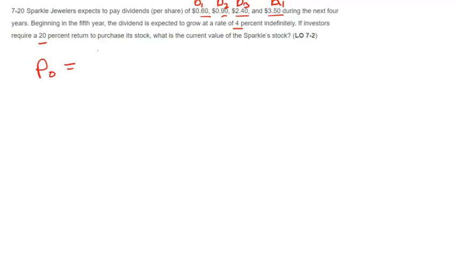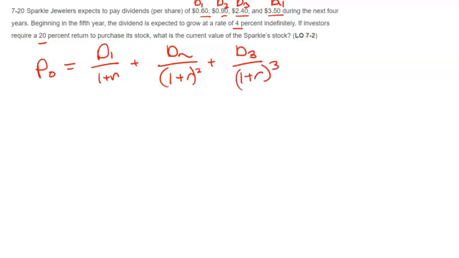So we take D1 divided by 1 plus the rate, plus D2 divided by 1 plus the rate squared, plus D3 divided by 1 plus the rate cubed. This is the second year, the third year, so we have to take the second root and the third root respectively.